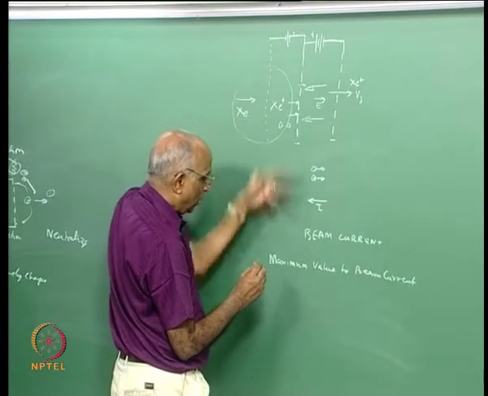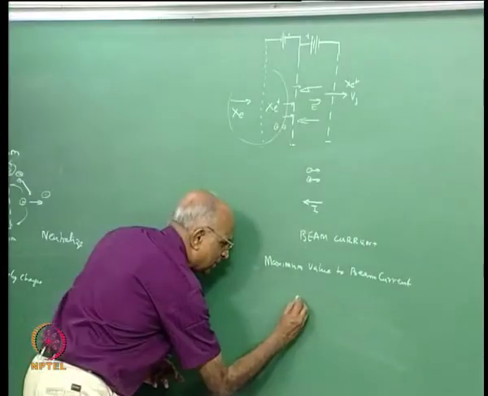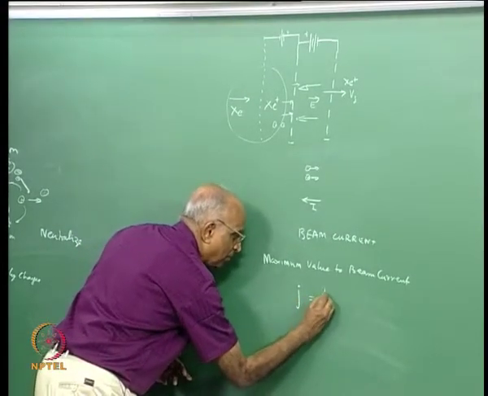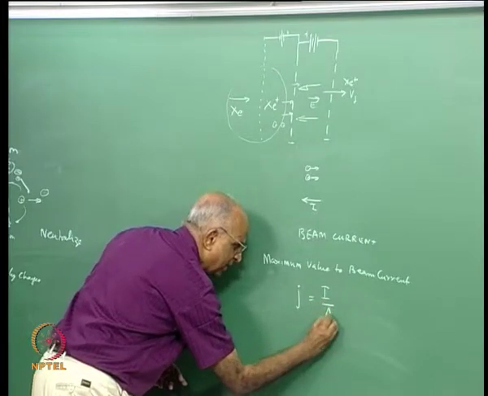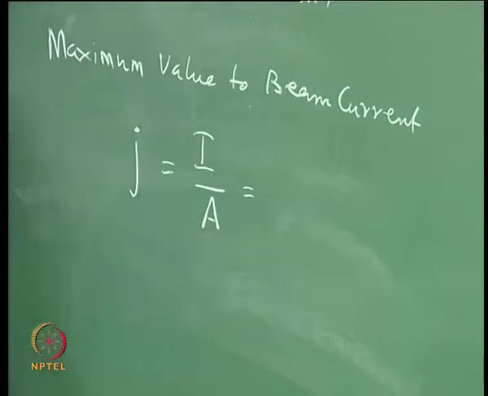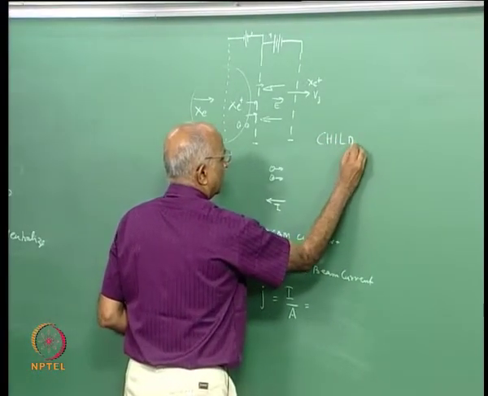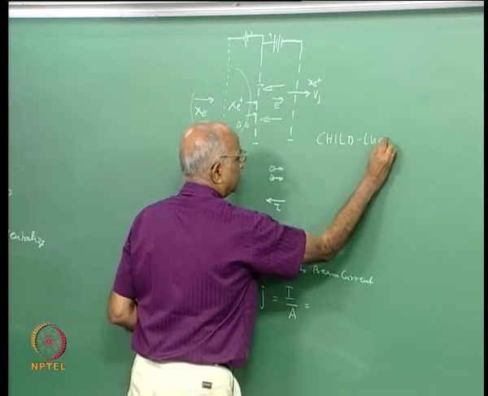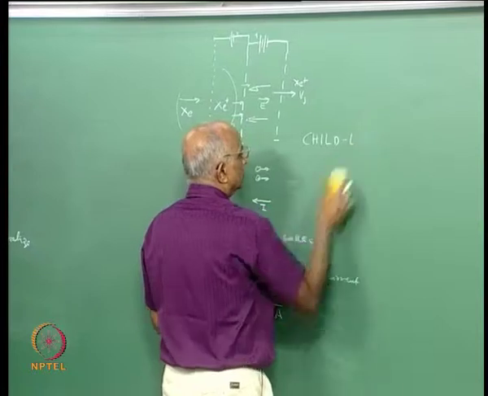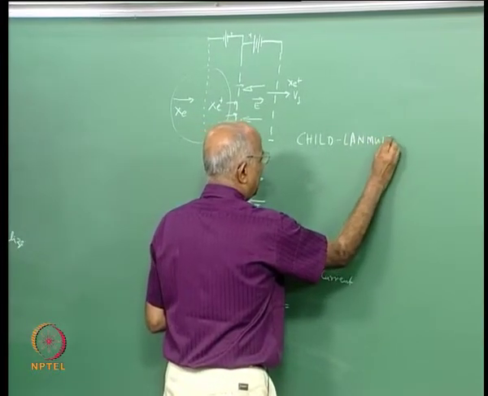suck in or extract the positive charges here, and therefore there is a threshold value. This maximum beam current is given by the current density J, which is equal to beam current divided by the area of cross section, and this is given by a law known as Child's law, Child-Langmuir. It is very easy to derive this law.